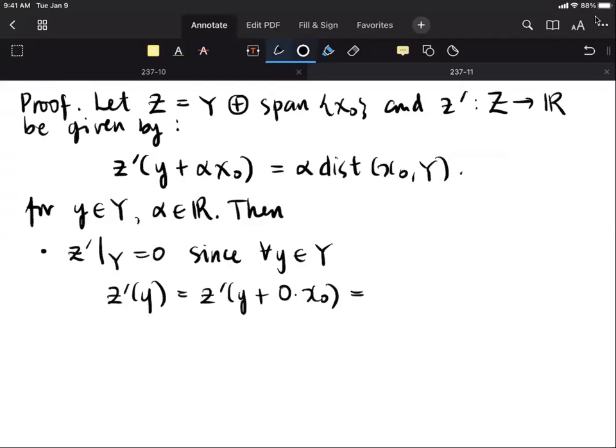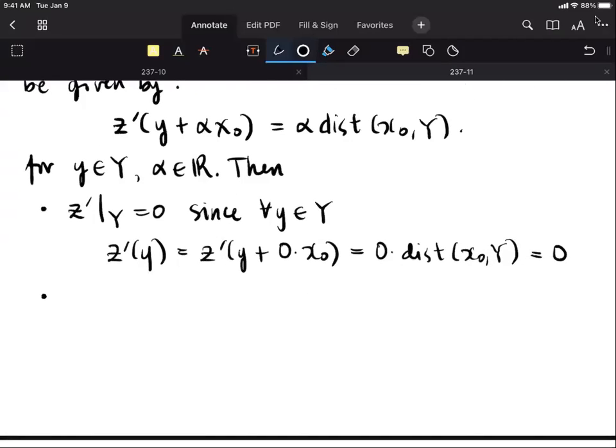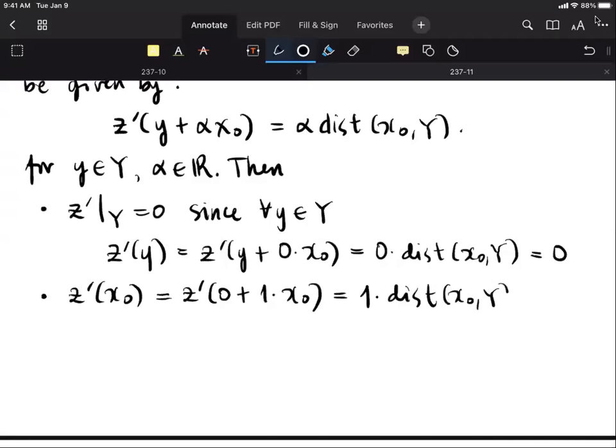So you can see that this is somewhat similar to the proof of the Hahn-Banach theorem. Also, Z prime of X naught, we can write this as Z prime of 0 plus 1 times X naught. So we have here 1 times the distance of X naught and Y. And of course, we can neglect this portion here. Okay.